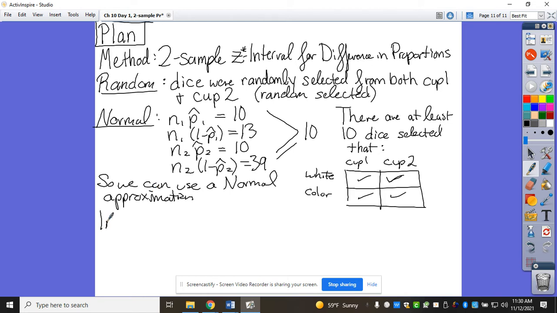What's my last condition? Independent. Which is actually doing what?